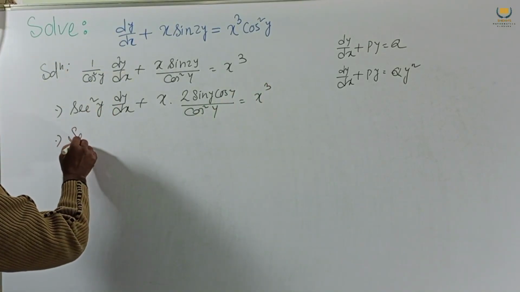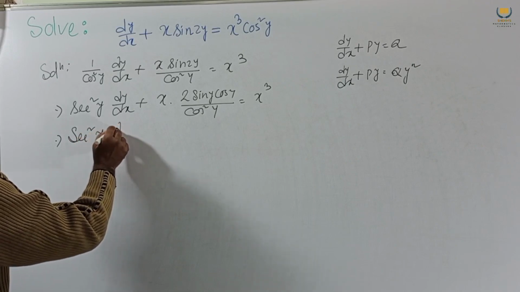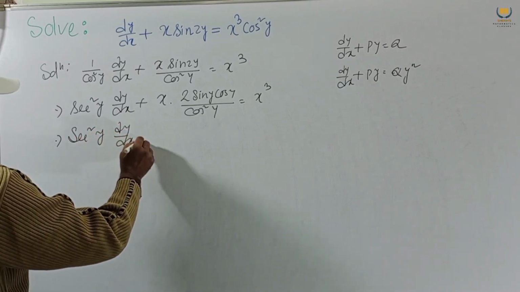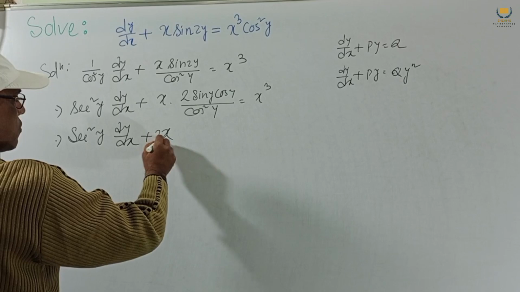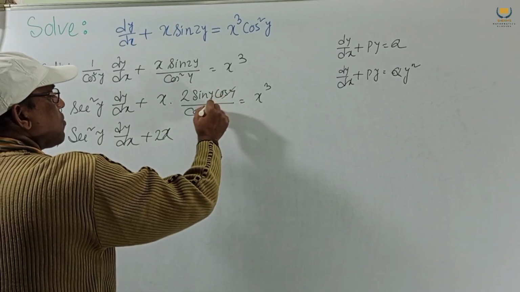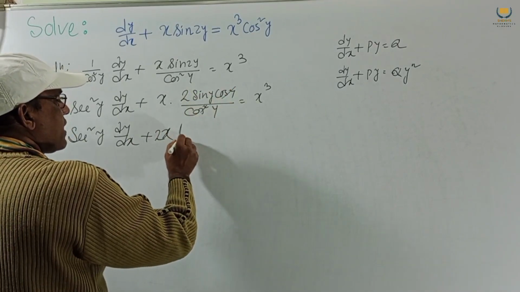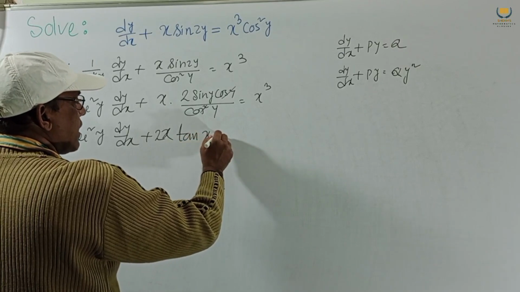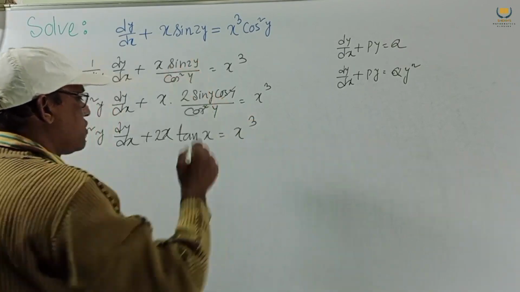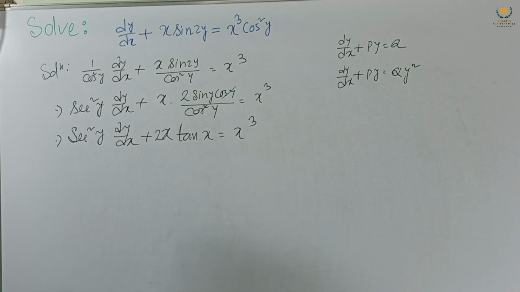And this one: sec square y dy/dx plus 2x, cos cancels, sin by cos we get tan y, equal to x cube.